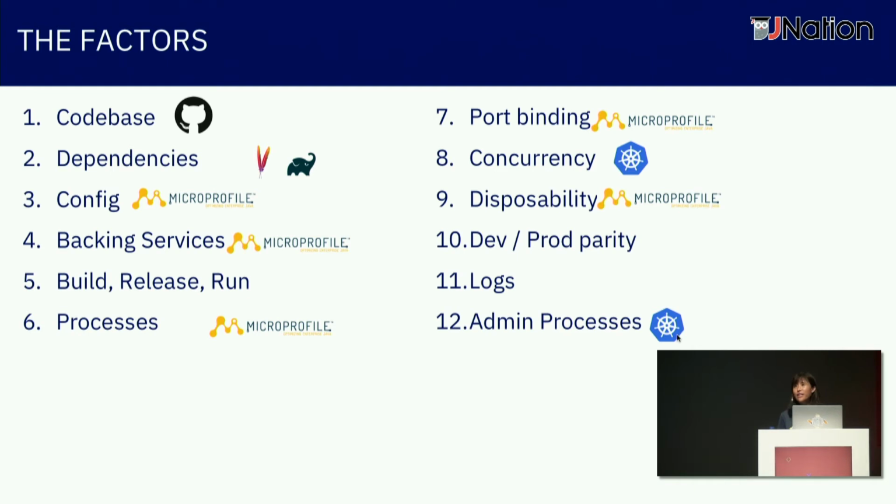Concurrency, this can directly help with Kubernetes auto scaling. Disposability, this is your microservice starting up fast and shutting down gracefully. Also is resilience. You can use MicroProfile Fault Tolerance to make sure your microservice is resilient. Dev/prod parity, again, is best practices.